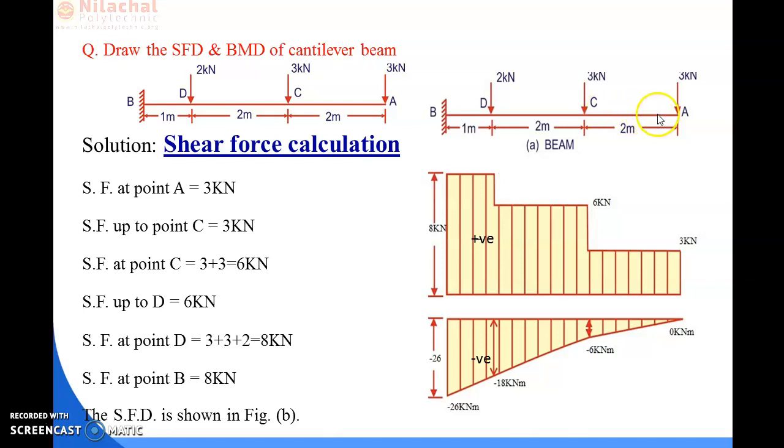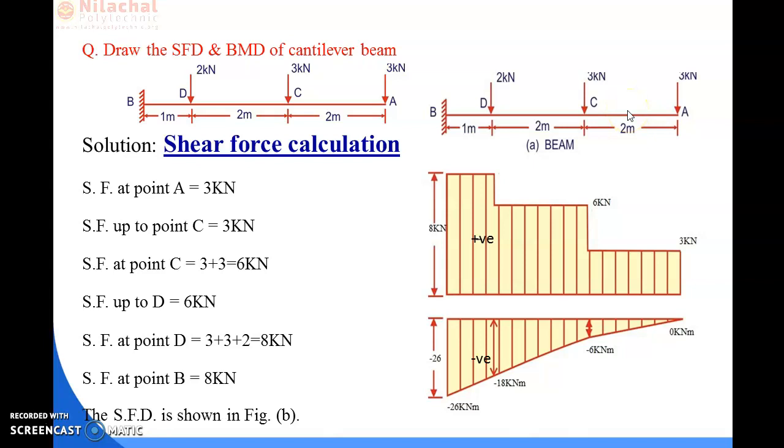You can see from A to C, there is only one load, which is 3 kilonewton, and except that no loading is there.